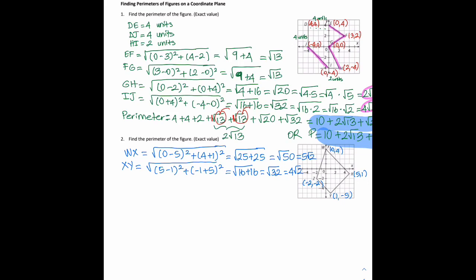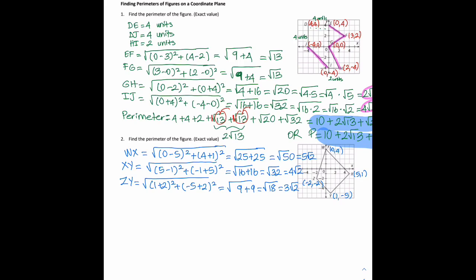And let's continue with ZY. The length of segment ZY will be 1 plus 2 to the second power, negative 5 plus 2 to the second power, which will give us 9 plus 9, which is square root of 18. Again, I can write this as 3 square root of 2.